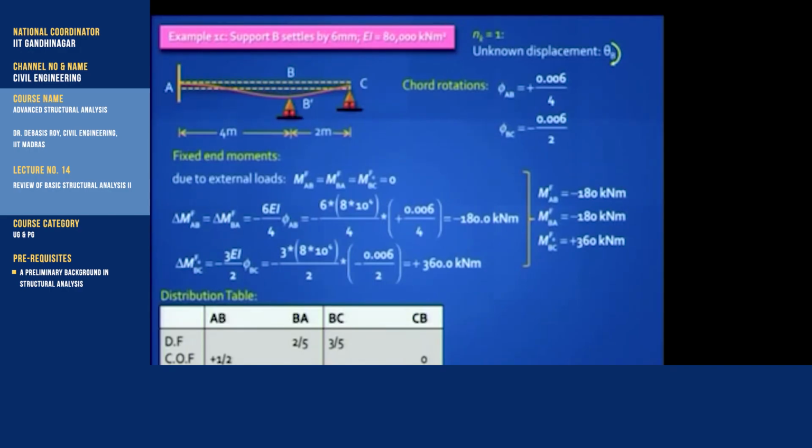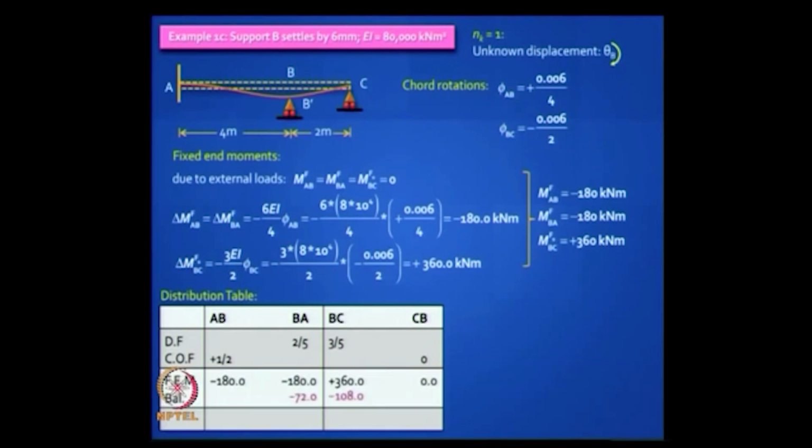How do you do that? Yeah, you distribute it in proportion to the relative stiffnesses, just multiply it by 2 by 5, 3 by 5, you get those numbers. When you do it manually, you first put the minus sign to remind you that both will have a negative sign, then you fill in those numbers. But in this operation you should also do a carryover, but you carry over only to the left end A, not to the right end B, because left end A only is fixed.